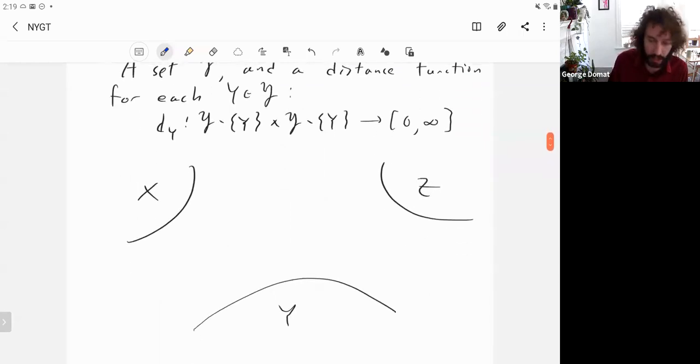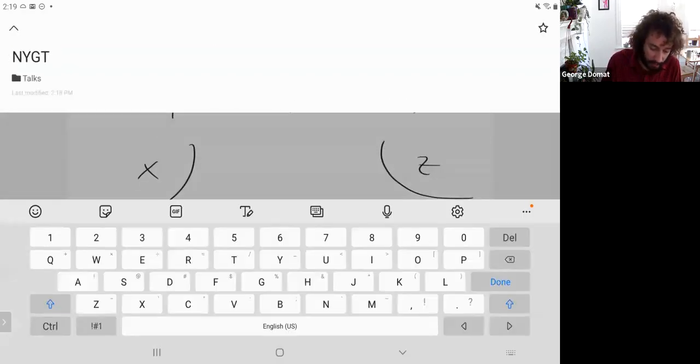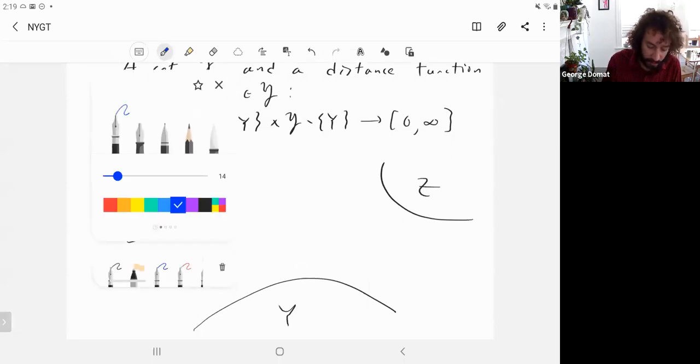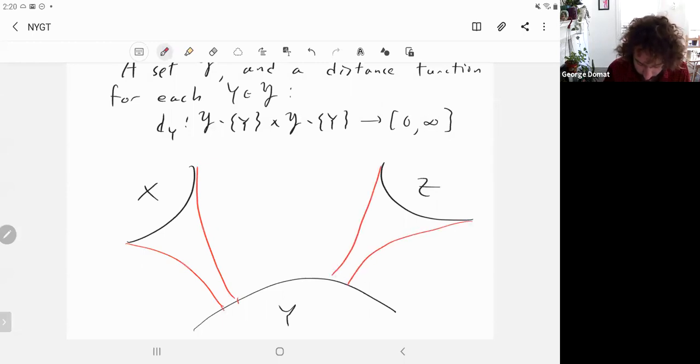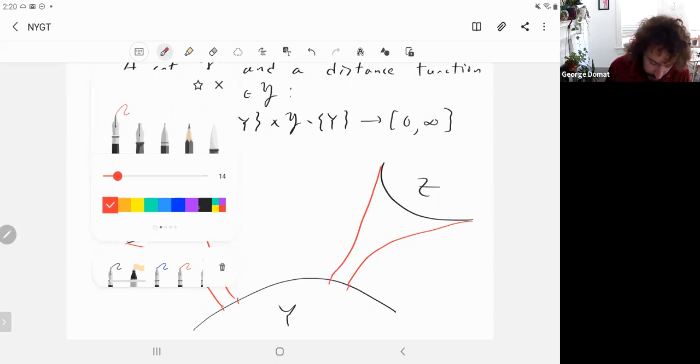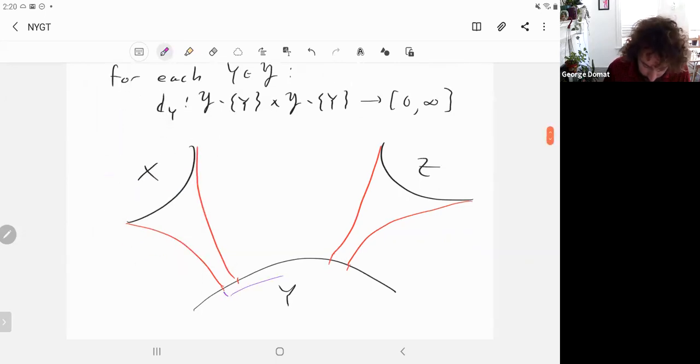So what does this look like? I like to imagine each thing as a little piece. And how does this distance function work? It says that if I'm standing on y, I can measure the distance between x and z from the perspective of y. One way to think about this is I can project x down, and I can project z down, and now I can measure some distance between x and z.